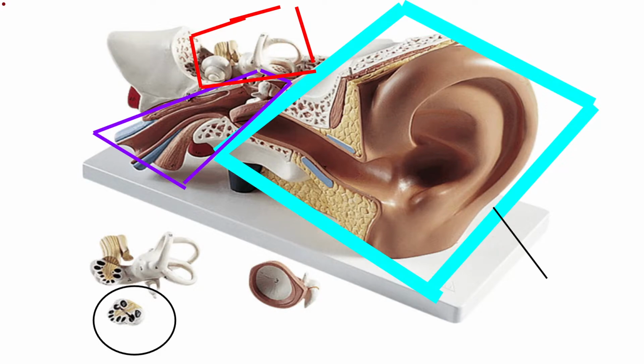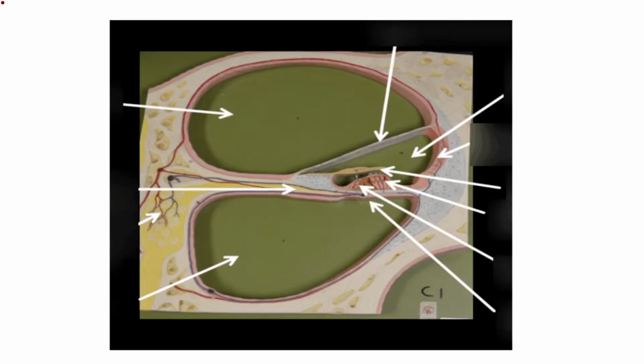So the next thing we're going to look at is this thing open. What are we looking at inside? So the functional area inside of the cochlea. This is inside one box.